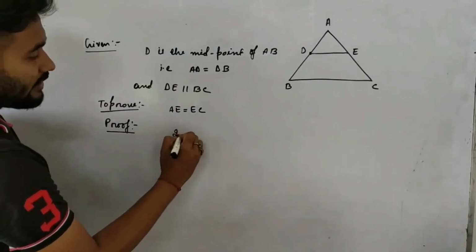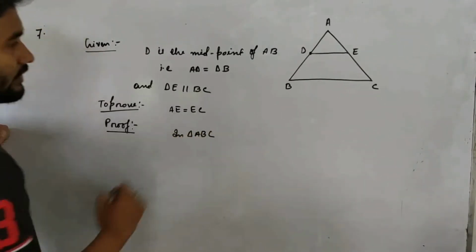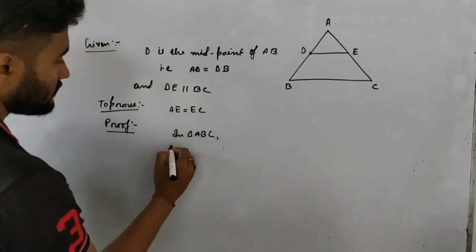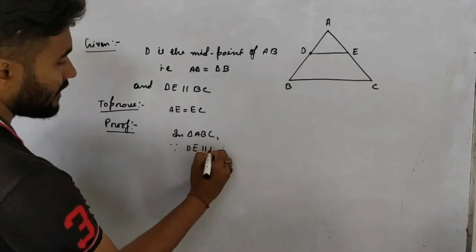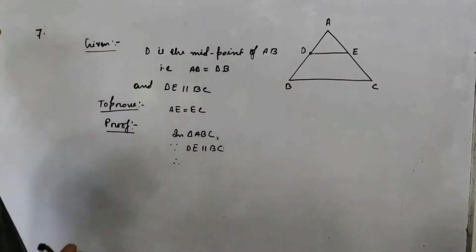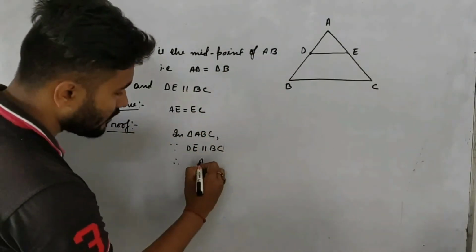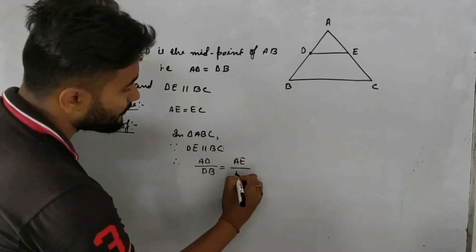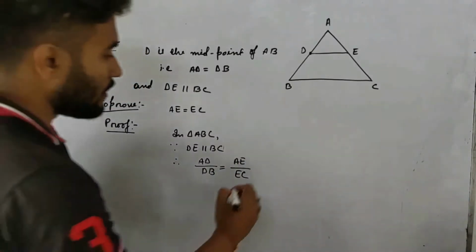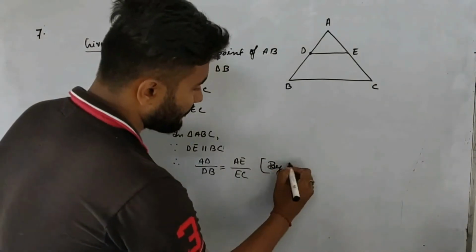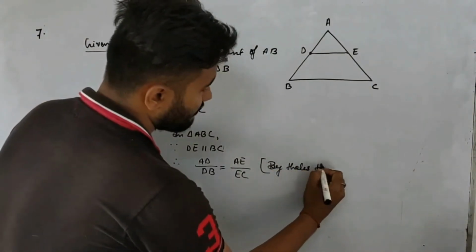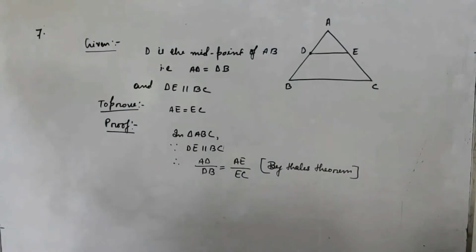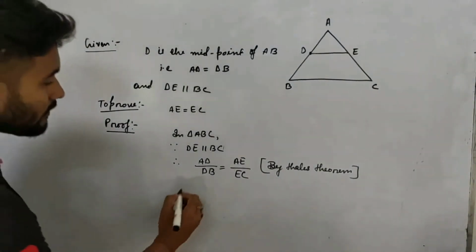So we can write, in triangle ABC, since DE is parallel to BC, therefore by Thales theorem, AD by DB will be equal to AE by EC. By Thales theorem.